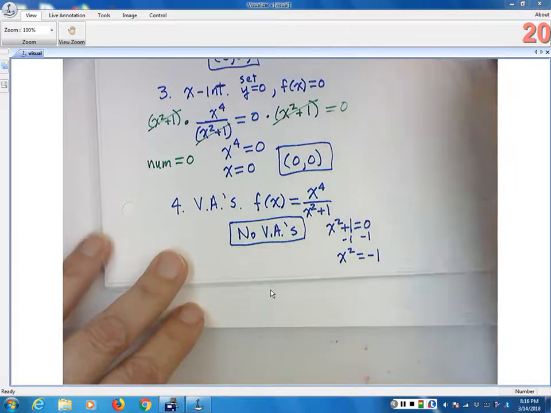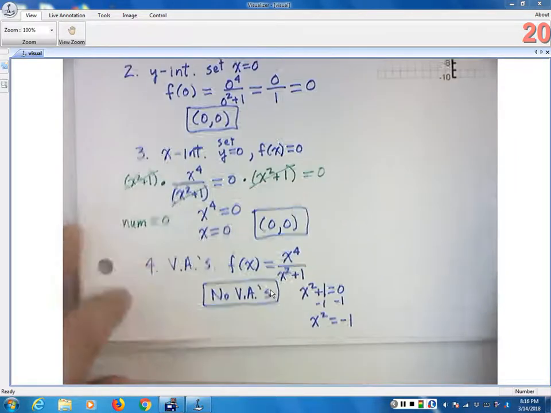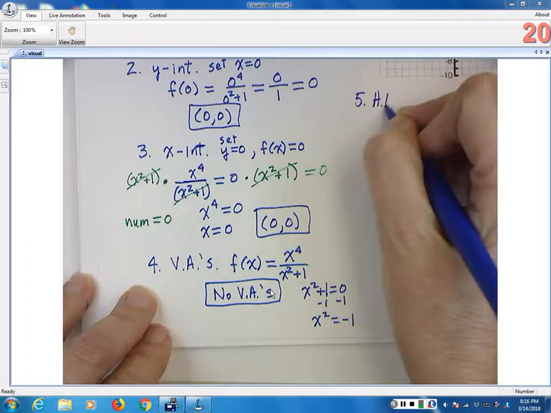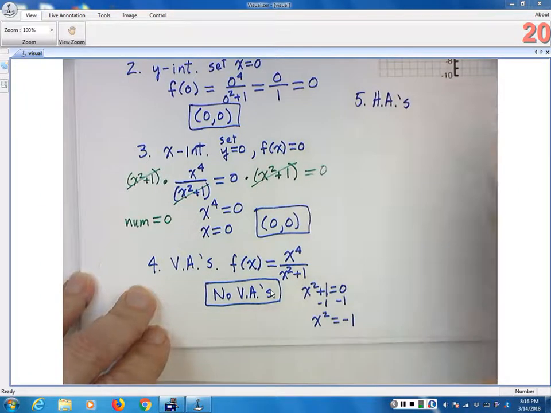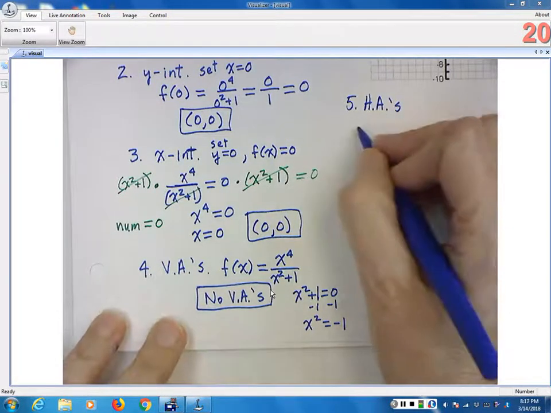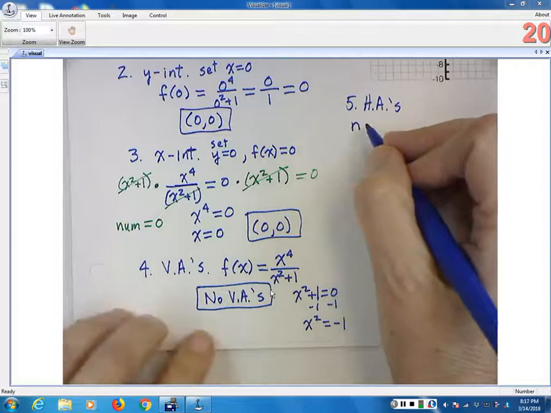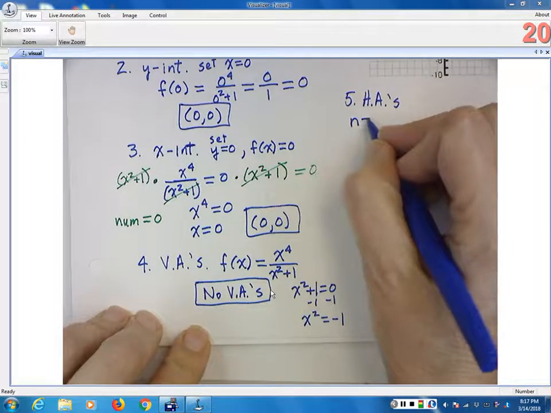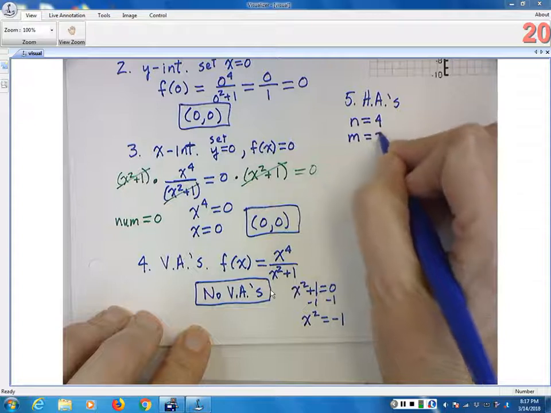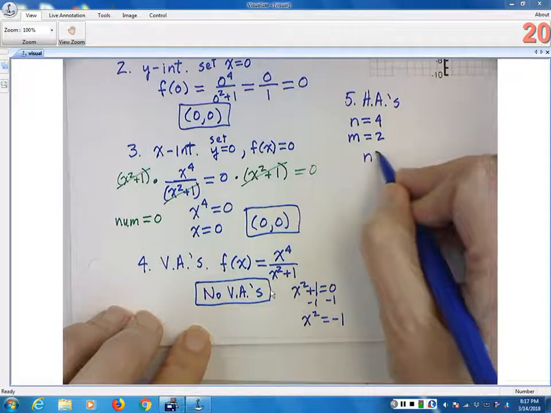Number 5, find any horizontal asymptotes. HAs. So, what's the degree of the numerator? 4. What's the degree of the denominator? 2. And so n is greater than m.